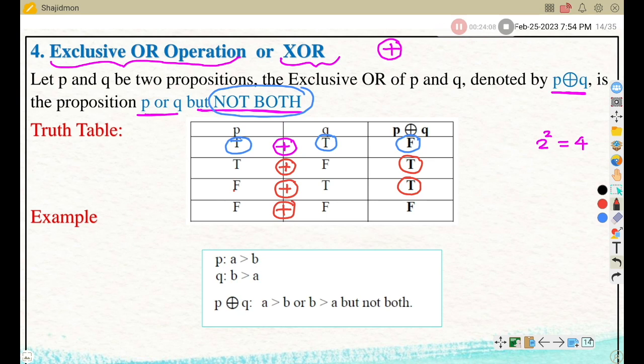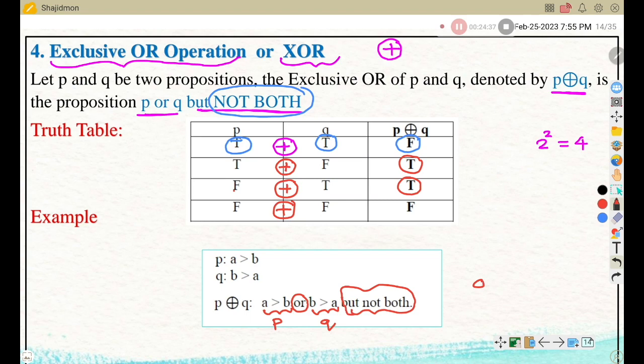Now we have one example here. P is the statement A greater than B, and Q is the statement B greater than A. Now if we use P XOR Q, we say A greater than B, that is the P statement, or B greater than A, that is the Q statement, but not both. This is important in the XOR statement: but not both.